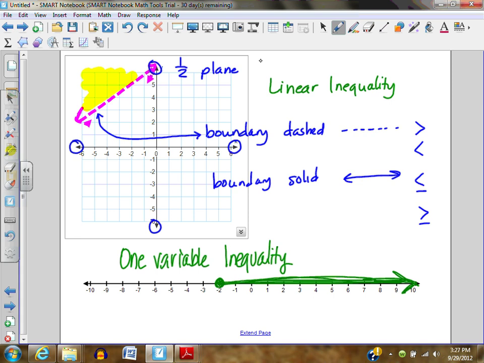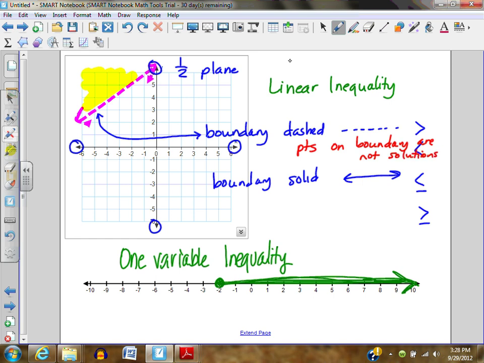Yes. Okay, and another thing I want to accentuate is this. If you have a dashed boundary, what that symbolizes is that the points on that boundary, the coordinates on the boundary, are not solutions. Let me restate it this way.